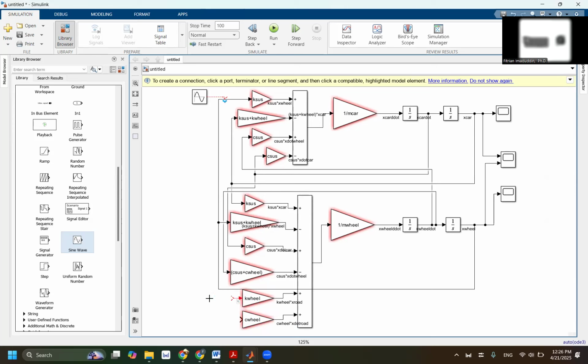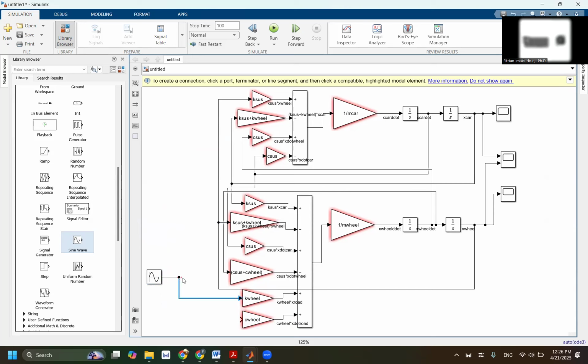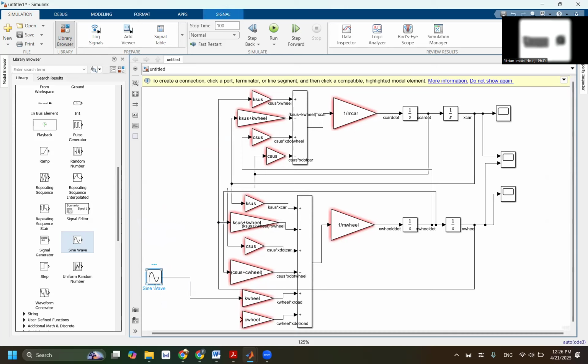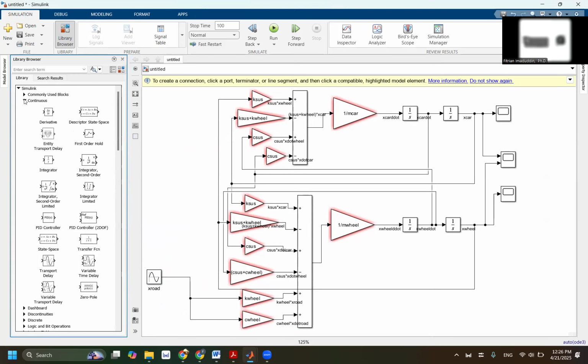Okay. Now, this is going to be the road. This is X road. And to make the X dot road, I need to have the derivative.